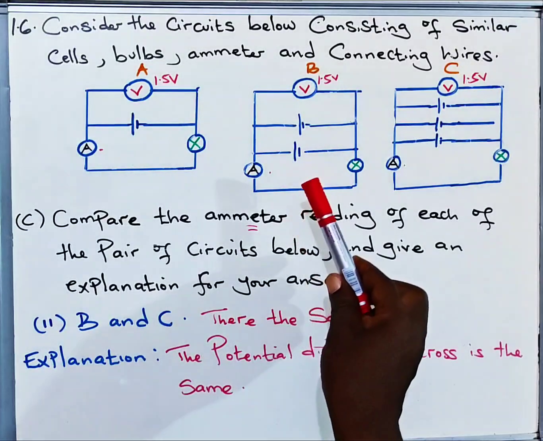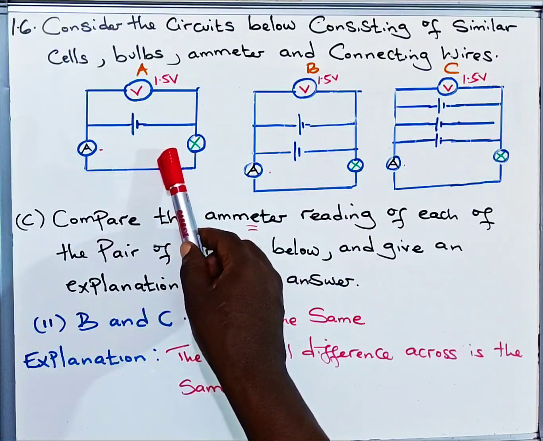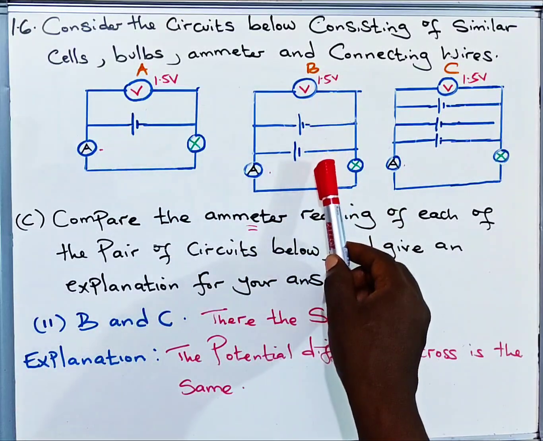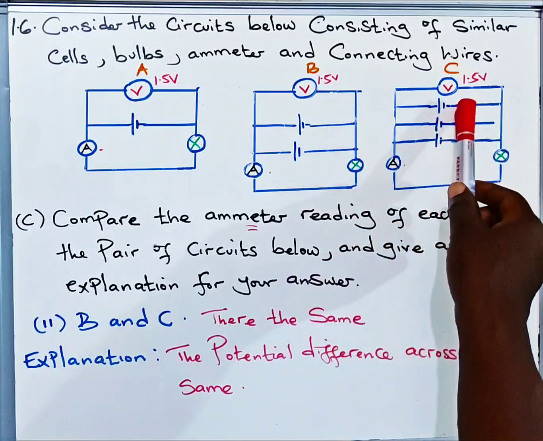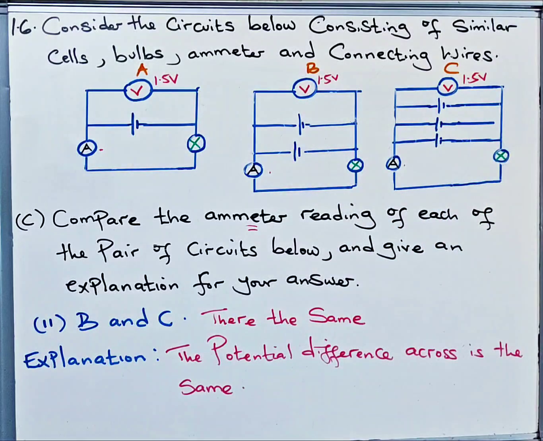Let me share something which used to puzzle me. If one cell gives 1.5, and two cells give 1.5, and three cells give 1.5, I used to ask myself, then what would be the reason for having many cells in parallel?